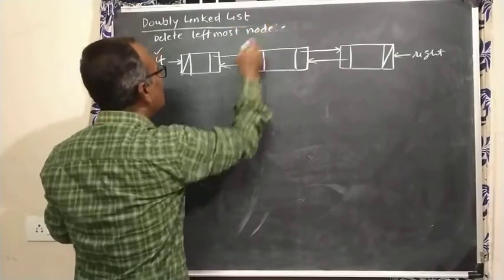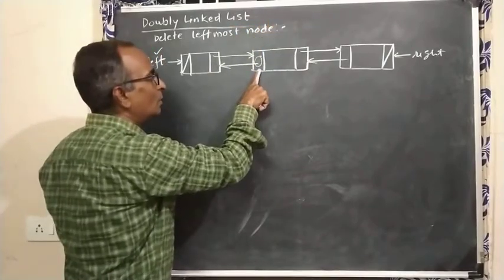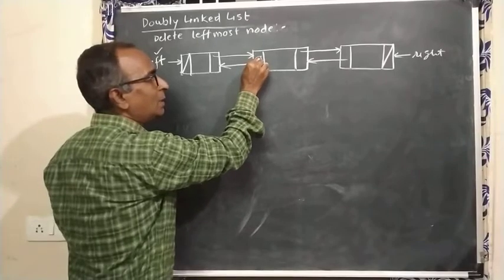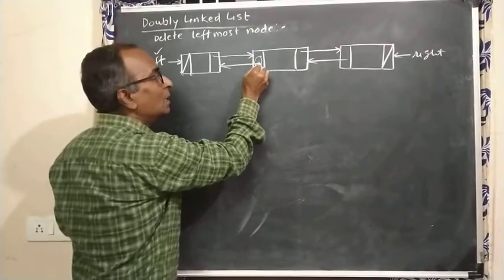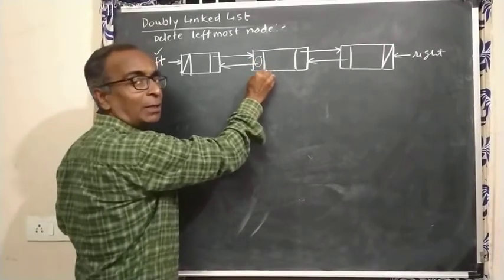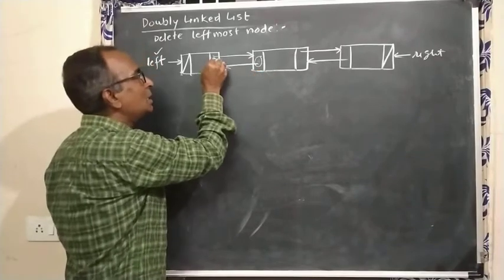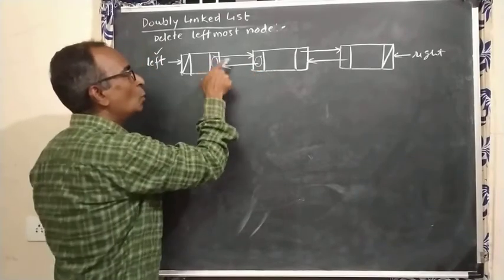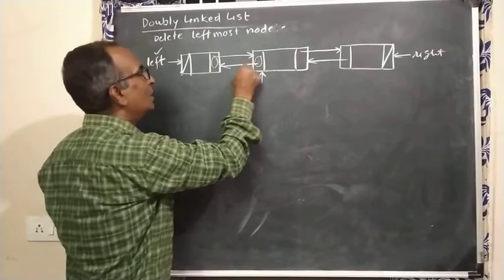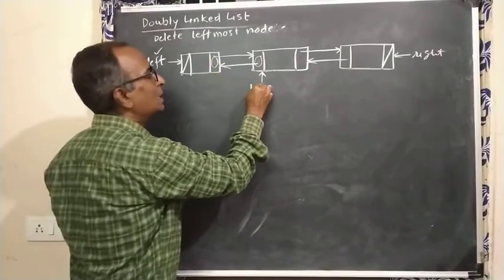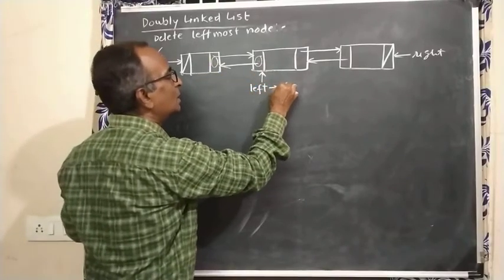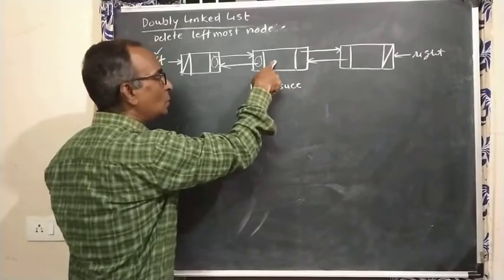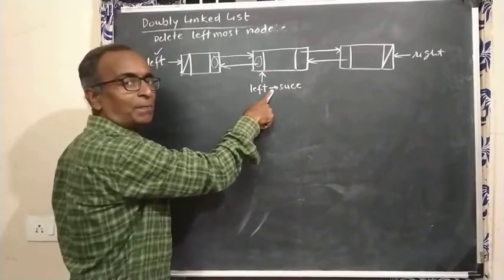In this case, this field you are setting, so I should have this node's address. This node's address is in this field. So what is this node's address? This field says left's successor. So this node's address is left successor.